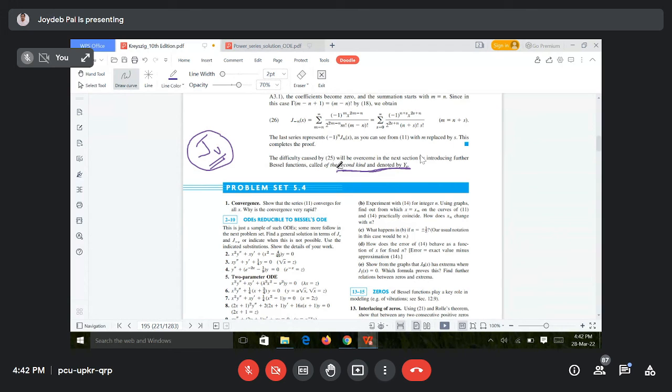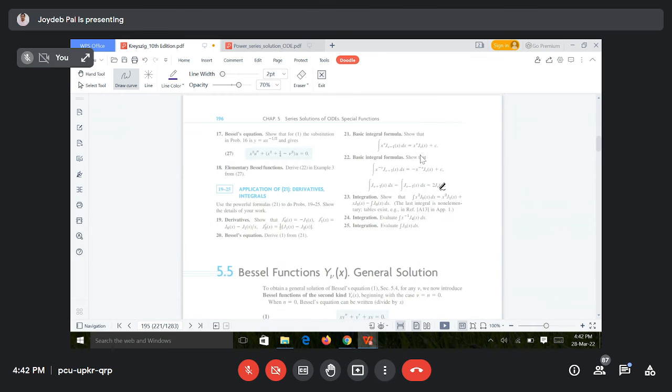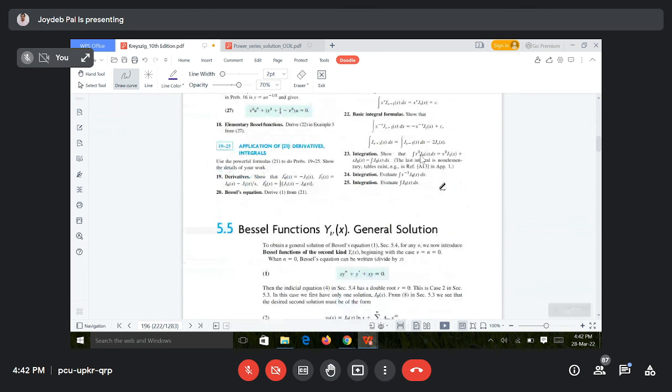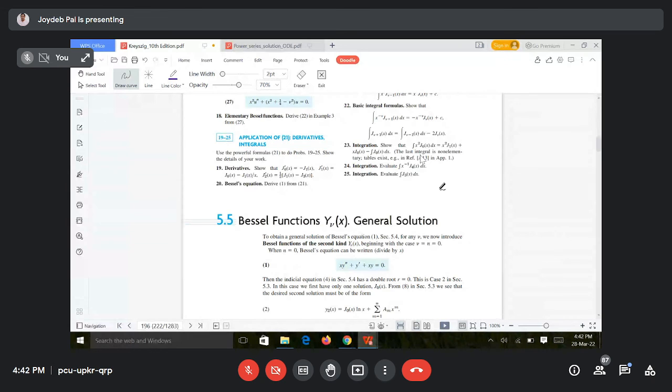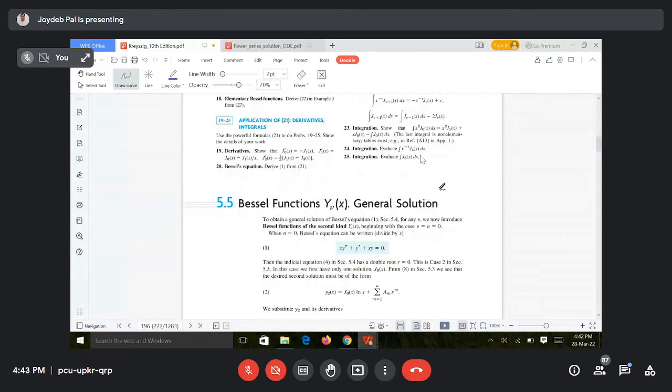So whenever nu is an integer, to write the general solution we need the second kind of Bessel function, denoted as Y nu, and it is not in your syllabus. It is actually in section 5.5.